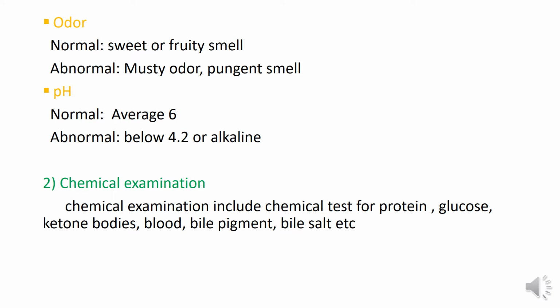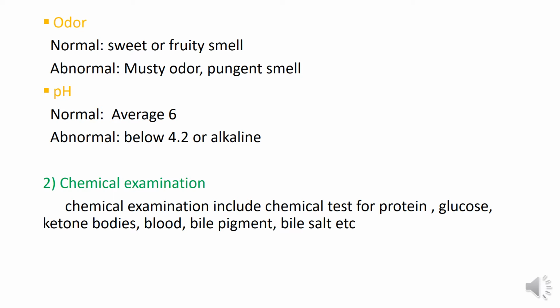Mostly the odor of normal urine is sweet or fruity because of ketone bodies present in the urine, but abnormal odor is musty or pungent smell due to excessive diet of carbohydrate or protein intake. The odor depends on the diet.